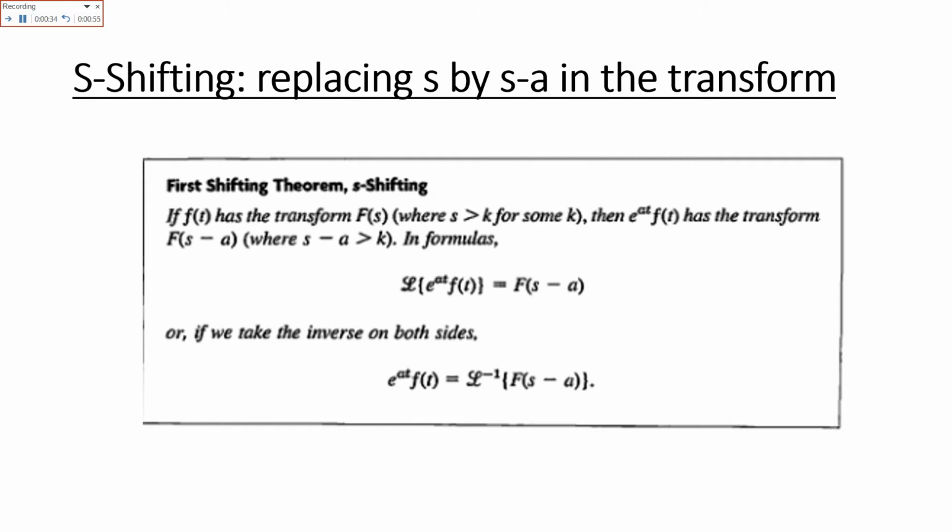Now, the statement of the shifting theorem says: if f of t, here a complex function, has the transform f of s where s is greater than k, then e raised to power at f of t has the transform f of s minus a.